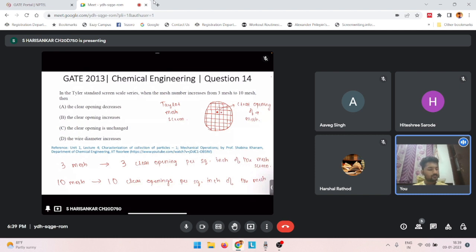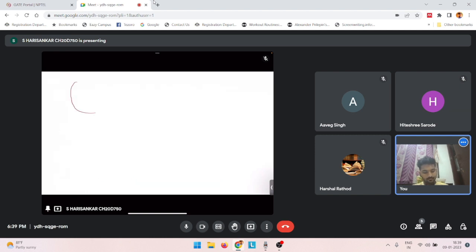So a rough pictorial representation would be like this. If this is a square inch and there are 3 openings, this is a 3 mesh.